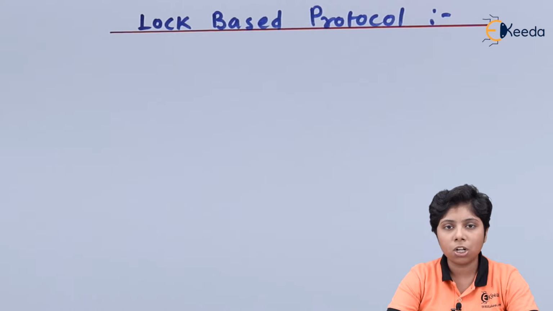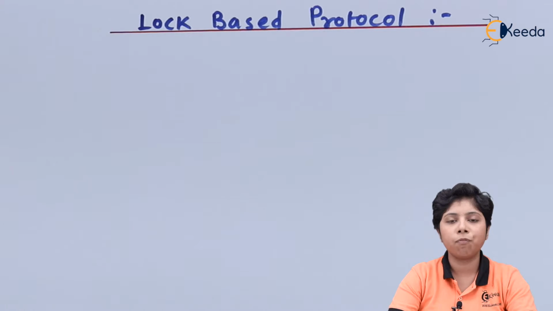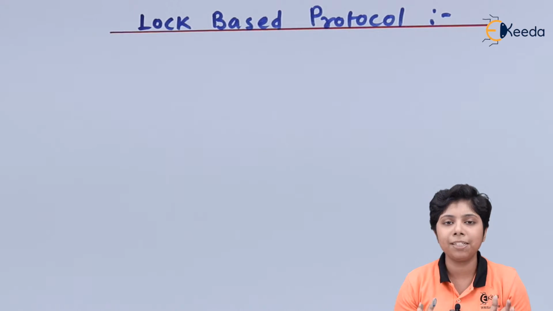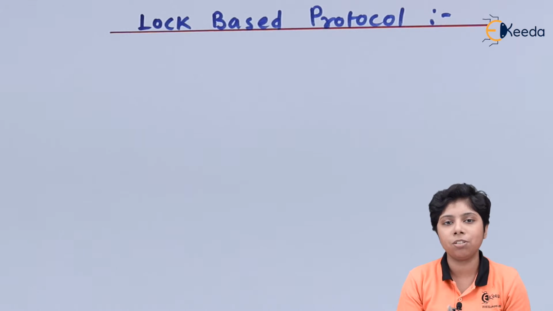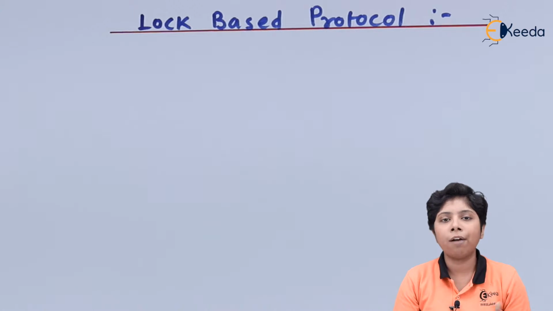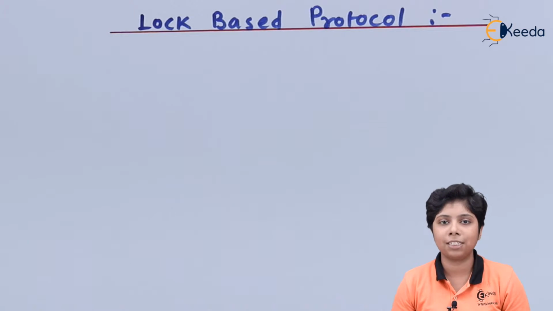The two-phase locking protocol gives us an idea that for each of the transactions in a schedule, there will be a growing phase in which every transaction acquires all the locks on data items. After one point, every lock needs to have been acquired by the transactions on a particular data item.